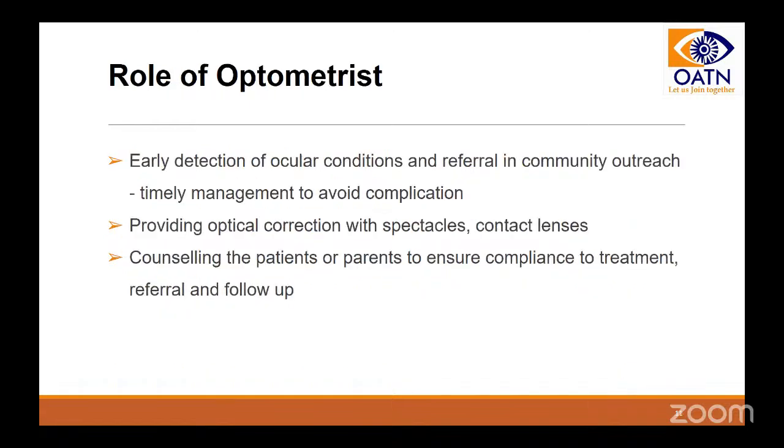As optometrists, we play a major role in early detection of ocular conditions and referral in community outreach programs, ensuring that complications are avoided. We also play a crucial role in providing optical correction with spectacles and contact lenses, which is important for conditions like corneal ectatic conditions. Optometrists play an important role in counseling the patients or the parents in community outreach to ensure compliance to treatment, referral, and follow-up.